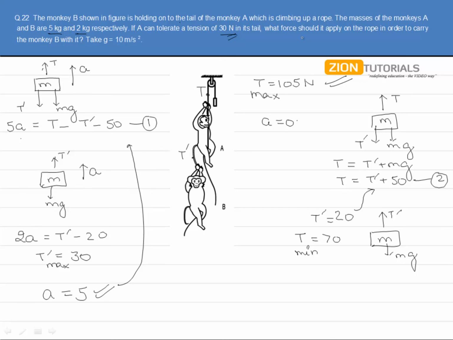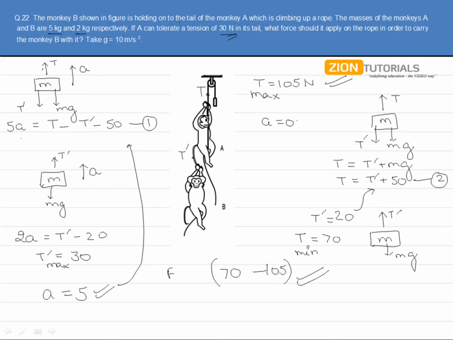Now they have asked what force should it apply on the rope in order to carry monkey B with it. So we can say that the force must be from 70 newtons to 105 newtons. Now friends, in this question you must take care of one thing: if this question comes as more than one correct, then you need to mark all the options that lie between 70 and 105.